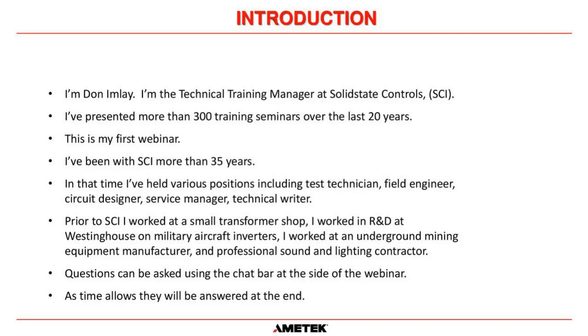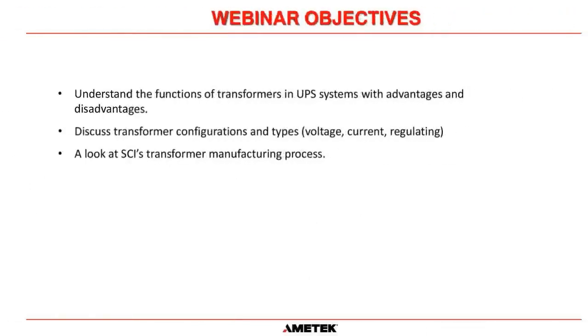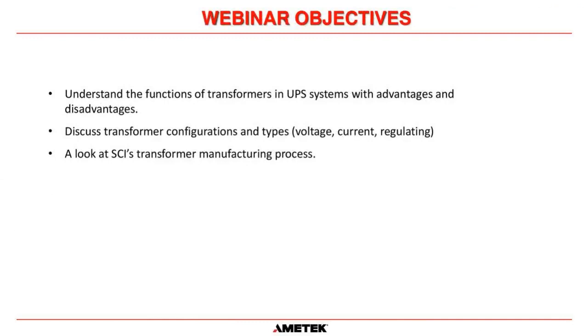As Craig already said, questions and so on, we'll address at the end and as time allows. A few things we want to accomplish here: understand the functions of transformers in UPS systems with the advantages and disadvantages of them.